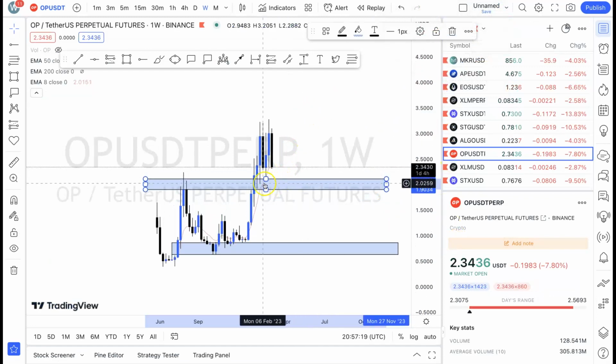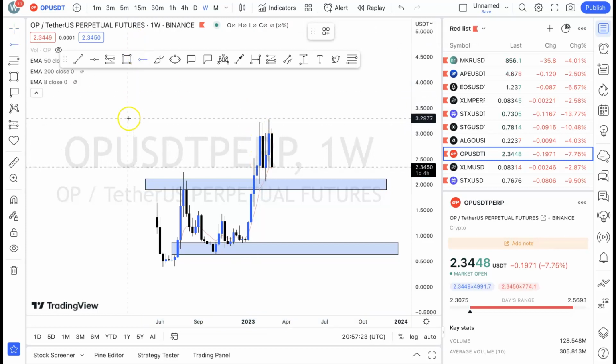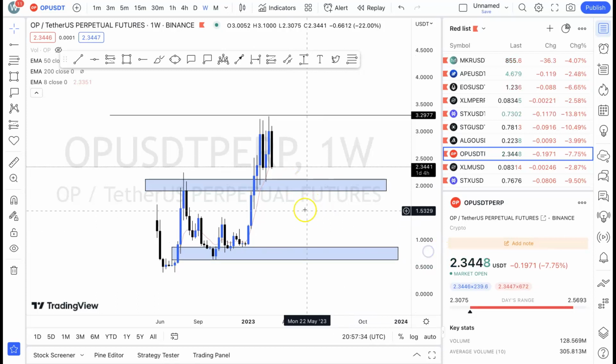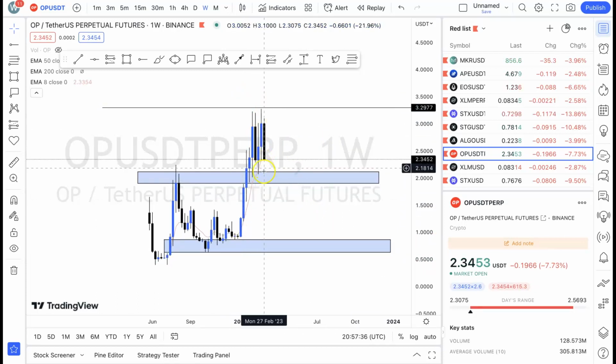So how is OPU doing? OPU has created a new high right here, a new high at $3.2. So it's also retracing. I think OPU is coming in to test this zone. It's a big area.